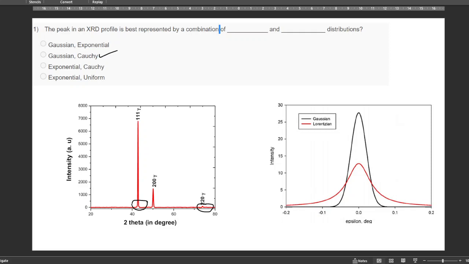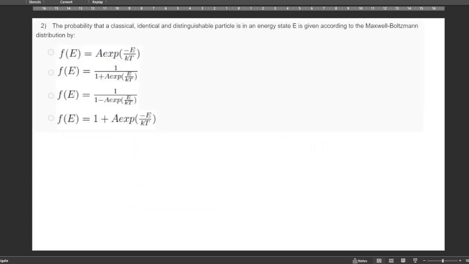Some people use a combination of Gaussian and Lorentzian. It is called the Pearson 7 function. These functions have the combination of both the Gaussian and Lorentzian factors. So the probability that classical identical and distinguishable particles are in an energy state E is given by the Maxwell-Boltzmann distribution.